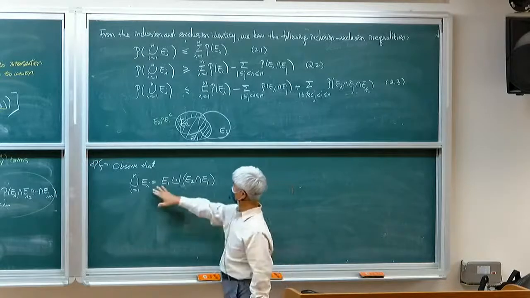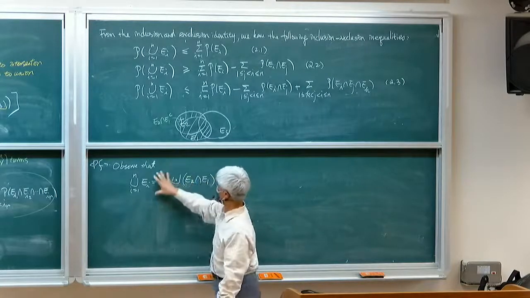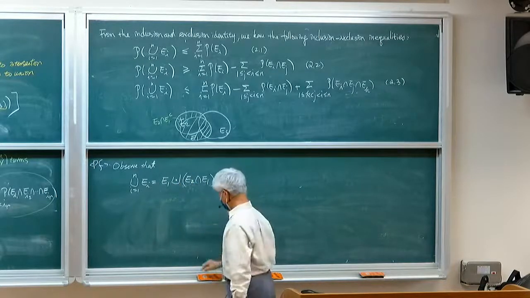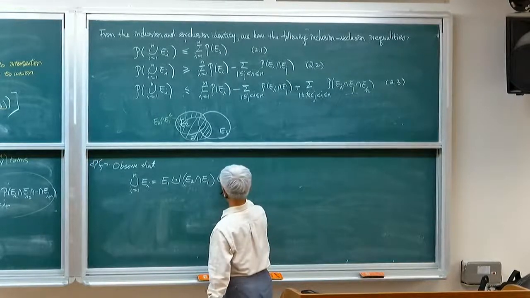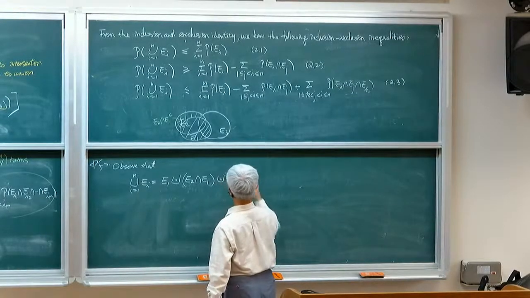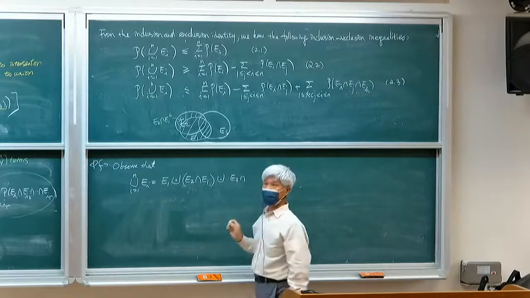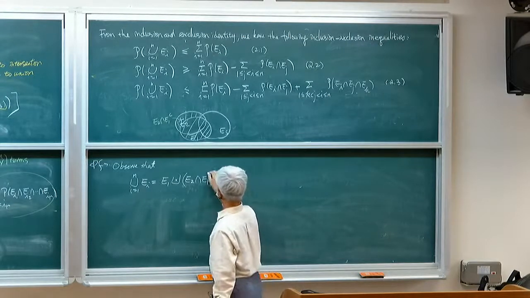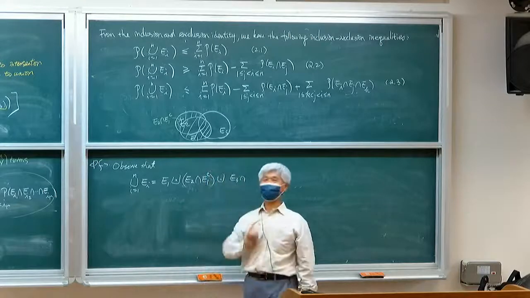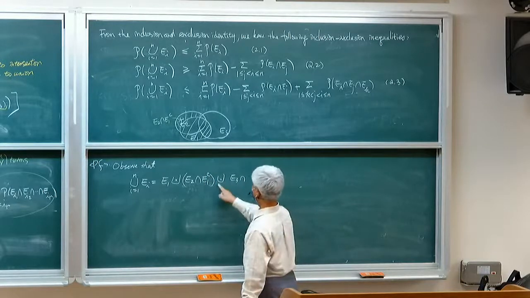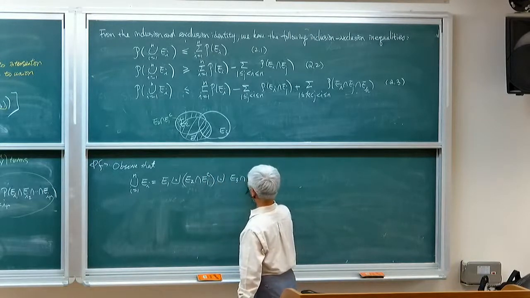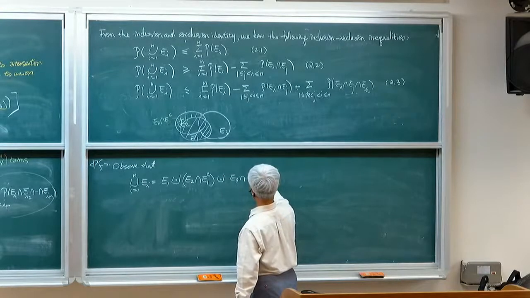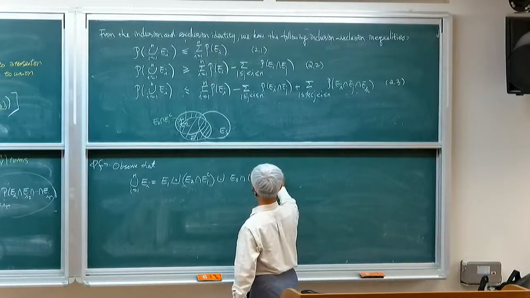So the contribution from E1 and E2 is already here. How about the contribution from E3? Well, E3 will be intersected with the complement of E1 union E2, right?